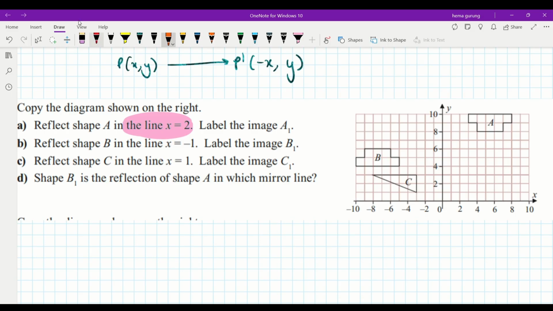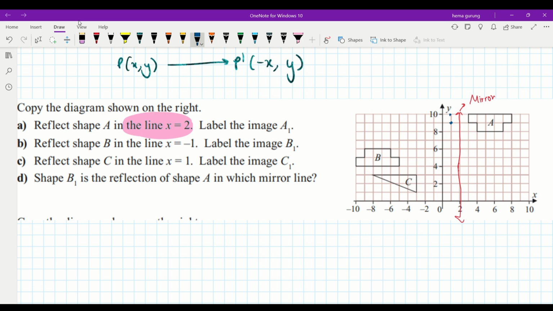A1. Let's make x equals 2. So this line is x equals 2. Now this will act as a mirror. Now let's reflect it with respect to the line x equals 2. The rule is the same. The gap between object and the image from the mirror is equidistant.